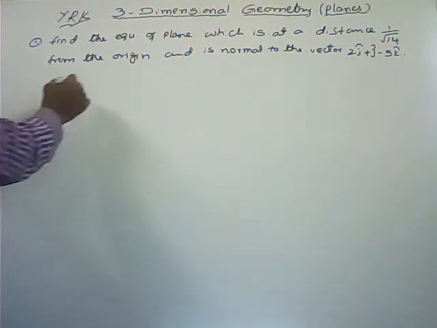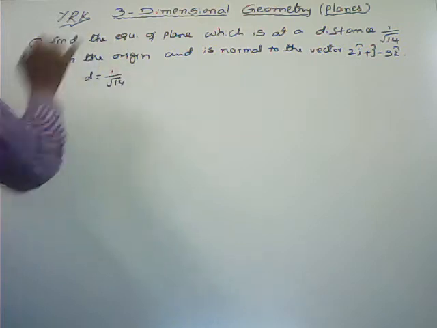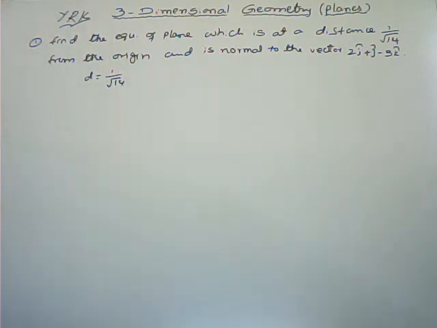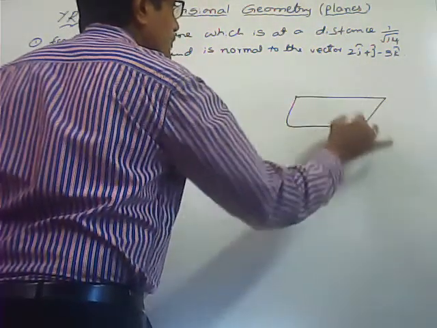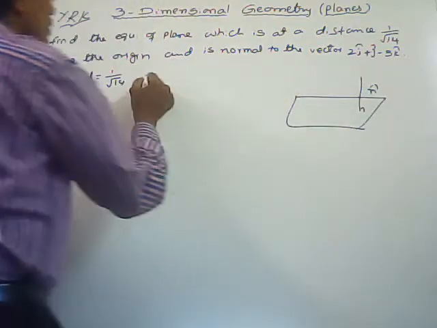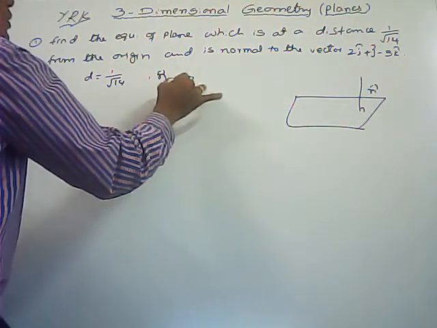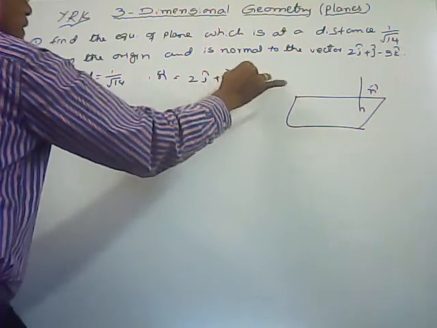Here d value is given, 1 by root 14 from the origin, and it is normal to the vector. Here a normal vector is given: n bar equals 2i cap plus j cap minus 3k cap.